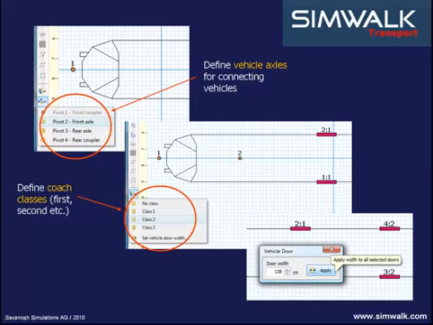We have first, second or third class. This will be important in a later step when we assign passengers to different classes. And in a last step we may decide different door widths of different vehicles.